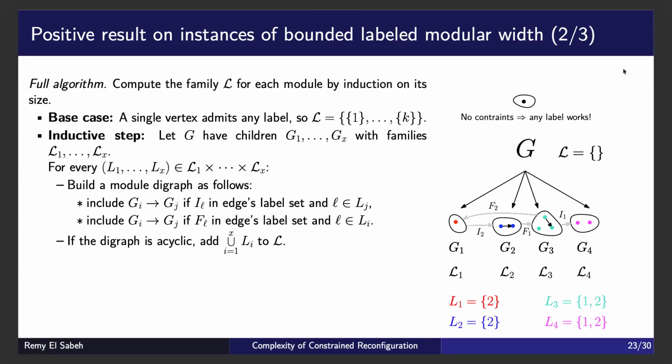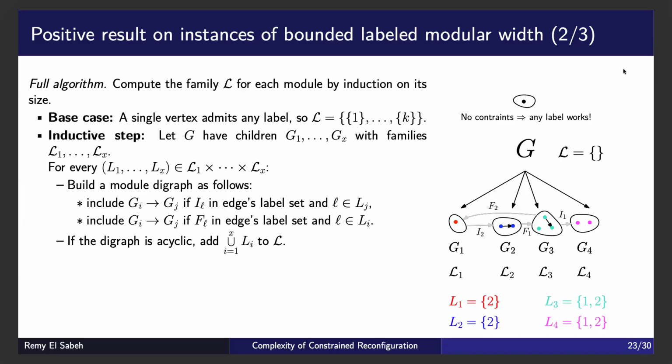So let's say we considered L1 from this family, L2 from this family, L3 from this family, and L4 from this family. So this module here is using label 2. So out of the arcs that are coming in and going out, the ones that survive or that should be added are I2 if it's coming in, or F2 if it's going out. So that's the same logic we had when we were talking about cyclical orderings earlier. So in this case, we end up adding nothing.